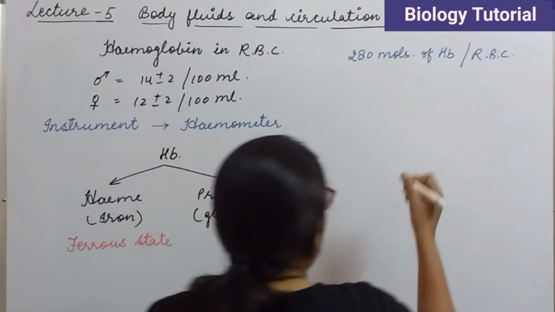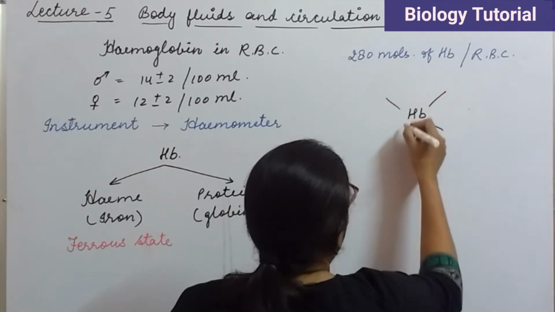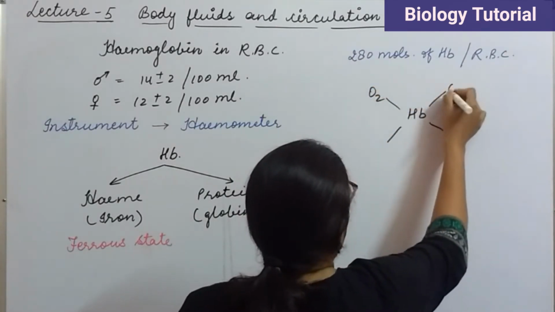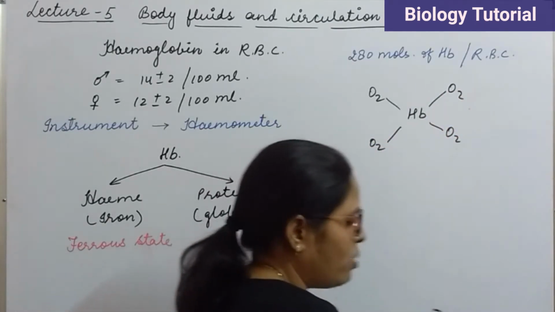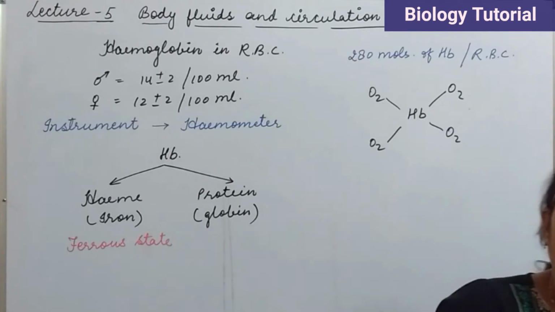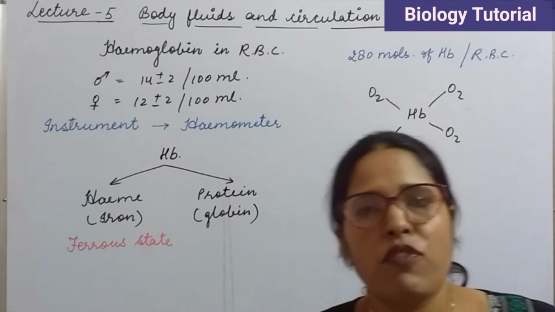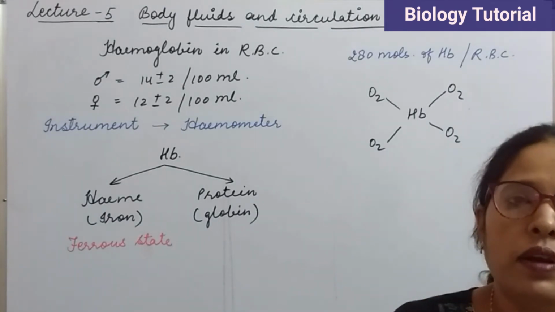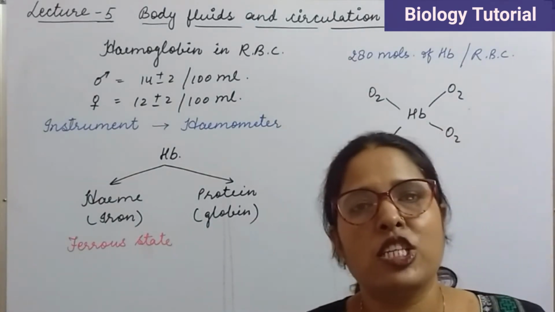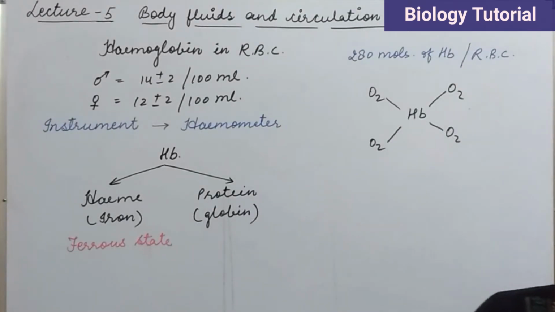It means hemoglobin is very much fond of oxygen, and it is a special pigment which is responsible for gaseous transport in the blood. ठीक है, ब्लड में जो gaseous transport की process होती है, that is carried out by the hemoglobin.